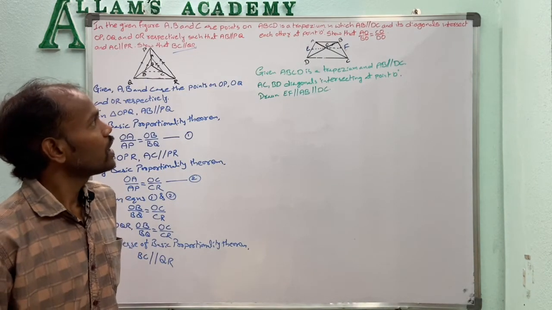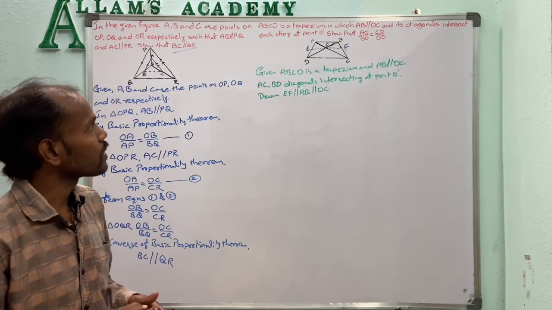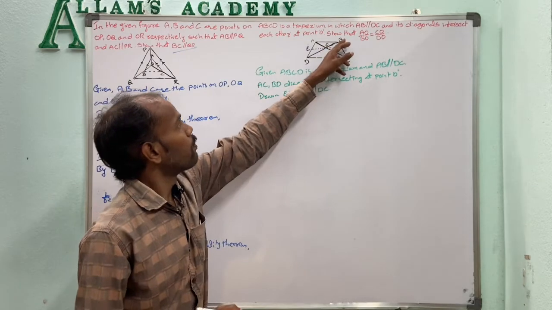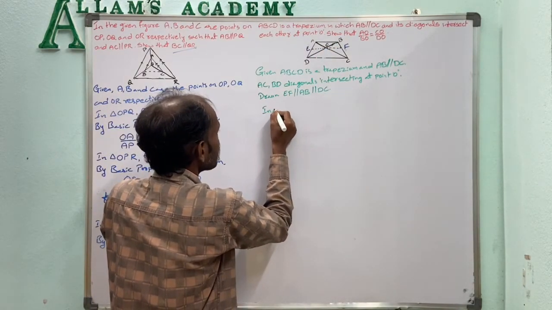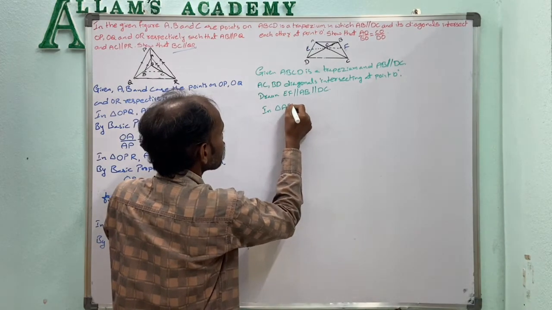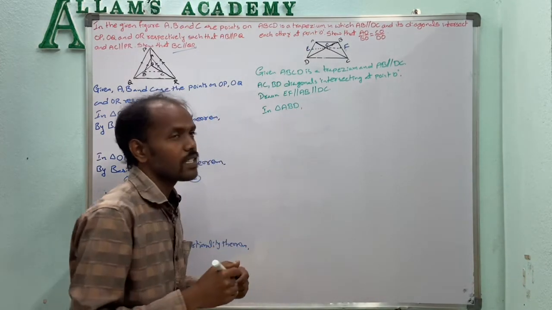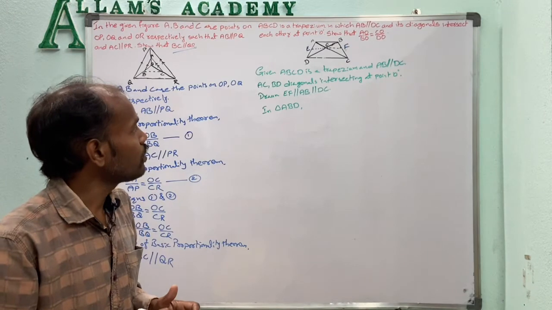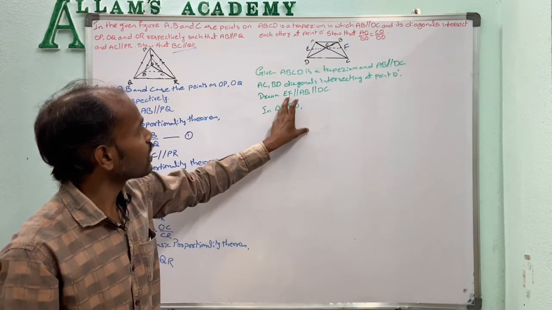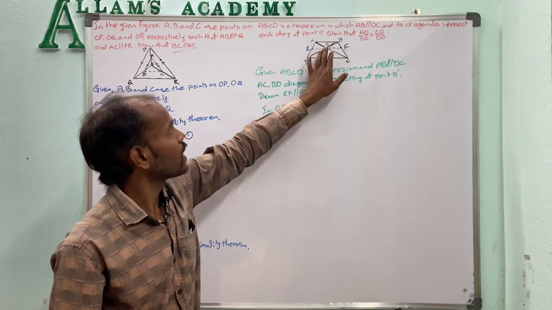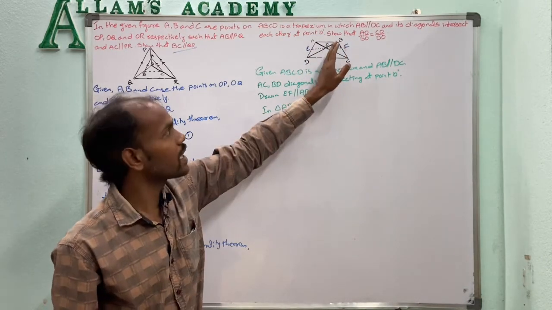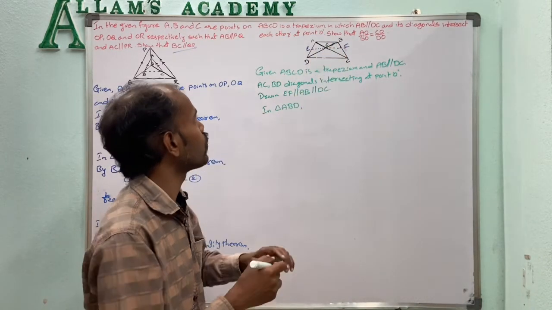Now if we observe ABD, ABD is a triangle. In this triangle, we said EF is parallel to AB, so in triangle ABD that is up to O only.